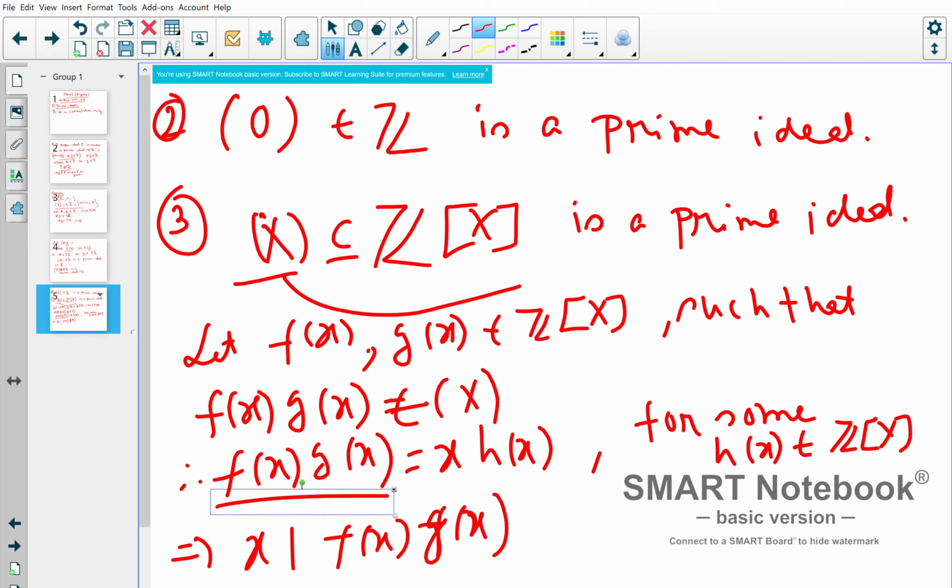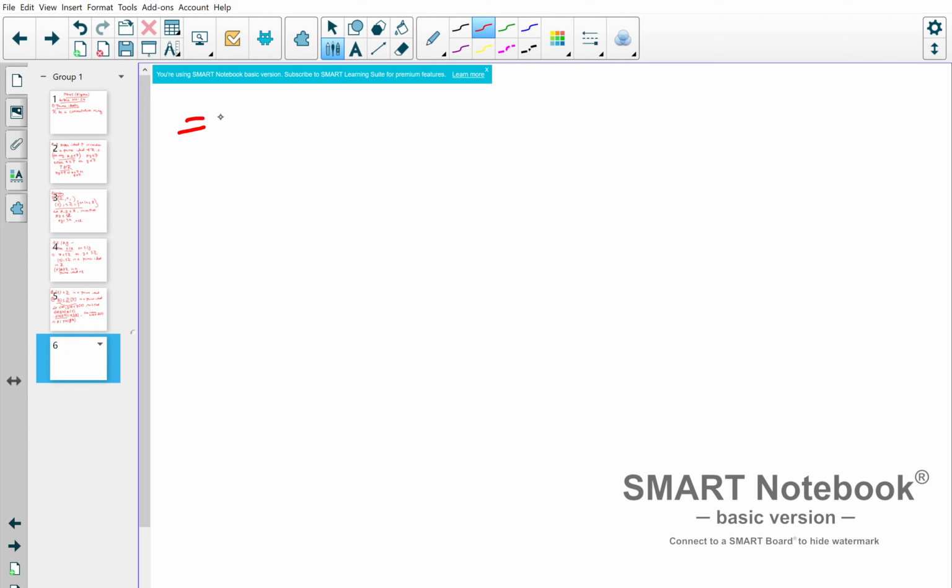right? And so the product cannot have a constant term. The constant term has to be 0, right? Because here the constant term is 0. And so that implies that either x divides f(x), that is, the constant term of f(x) is 0, or x divides g(x).